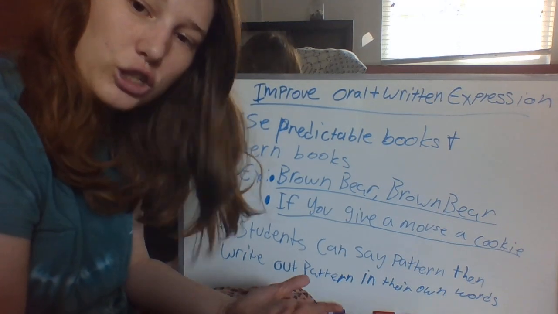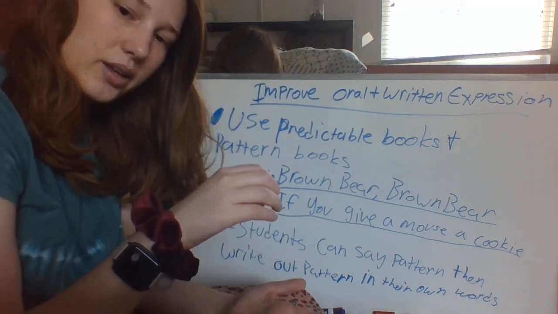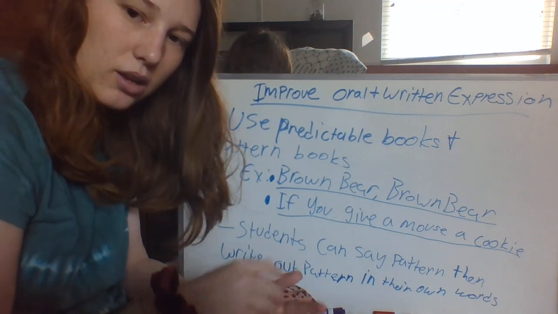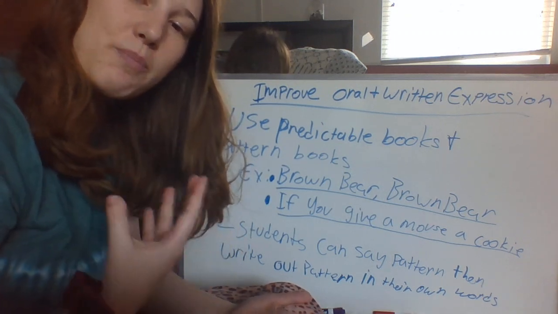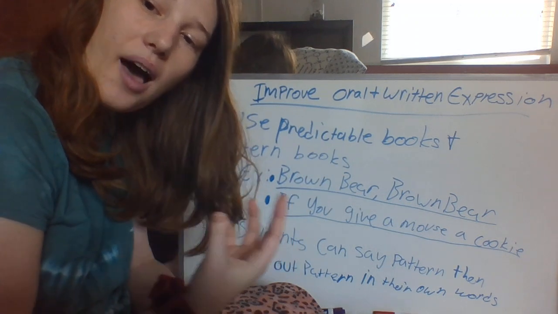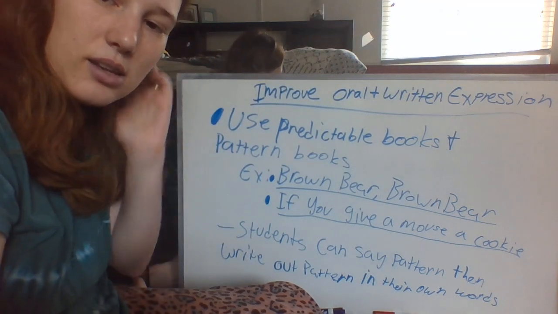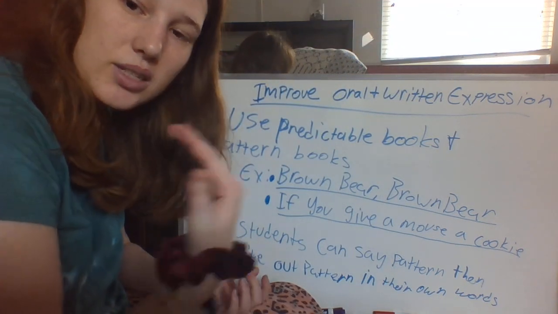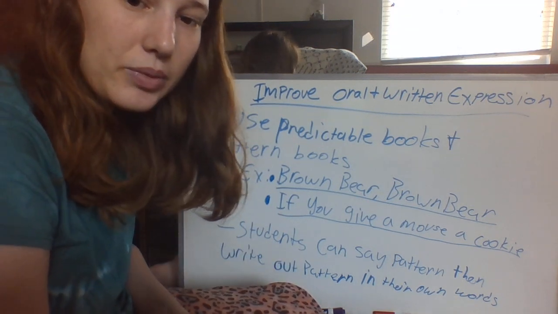You can also change it up by inserting students' names into it. Let's say, we'll use my name. Amanda, what do you see? And then have the student respond back with the same pattern, which is, I see Mrs. Guerrera staring at me, or pointing at me, something like that.